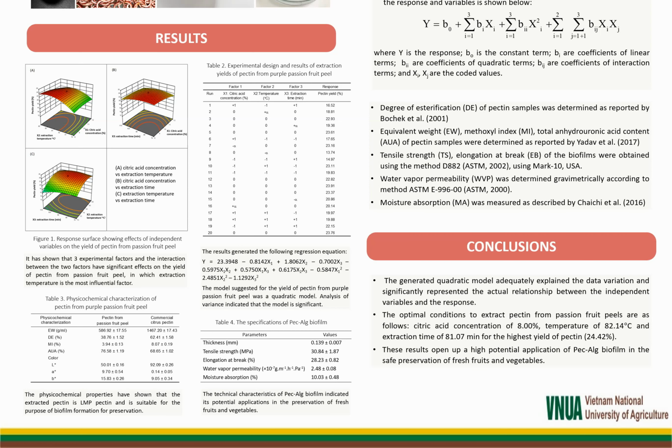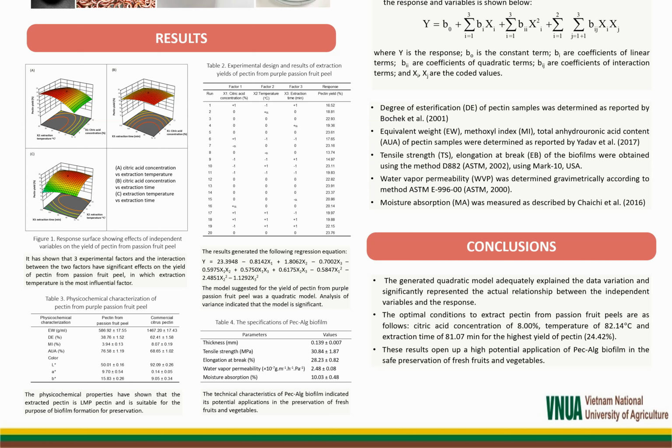This regression equation shows that three experimental factors and the interaction between the two factors have a significant effect on pectin yield, in which the temperature factor has the strongest influence.